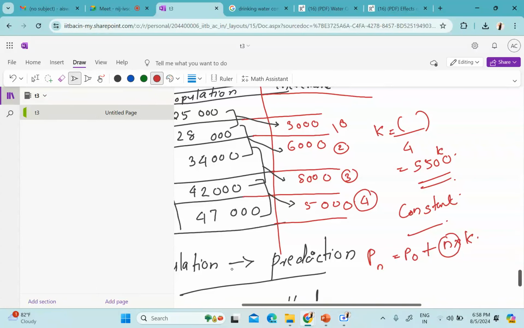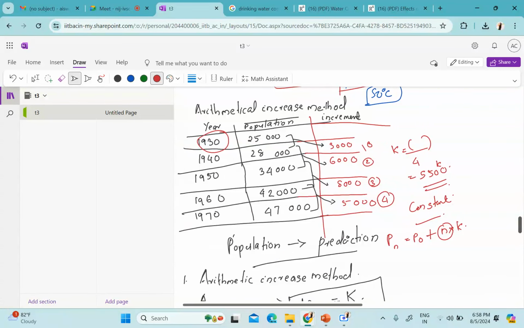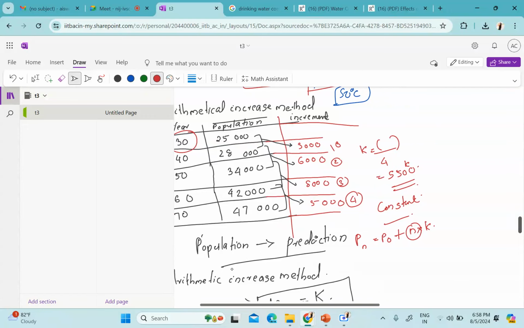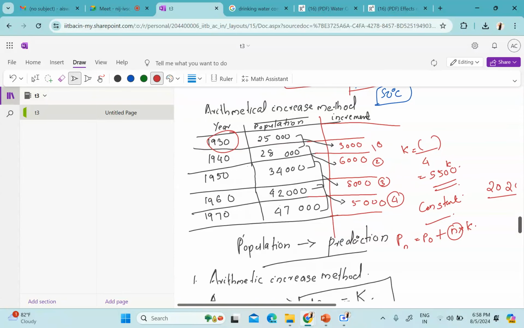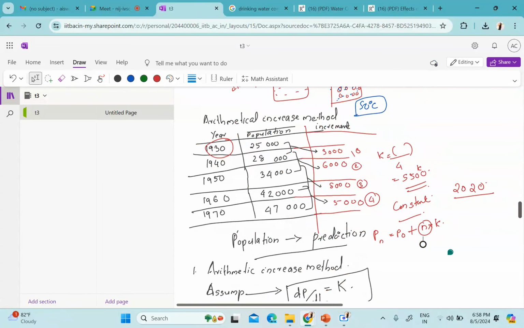For example, if we need to calculate for 2020, we have to find the difference in years, 1930 to 2020. How many years are there?